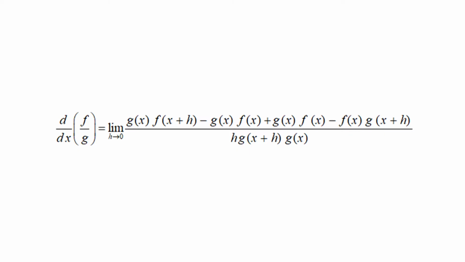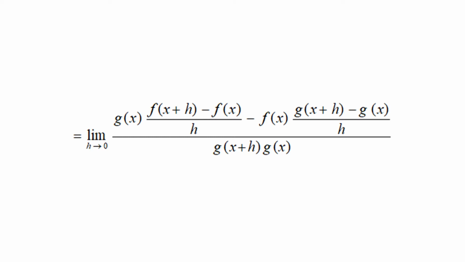Then we will get d/dx of f/g equal to the limit of [g(x) f(x+h) minus g(x) f(x) plus g(x) f(x) minus f(x) g(x+h)] upon [h g(x+h) g(x)] as h approaches 0, which is equal to the limit of [g(x) (f(x+h) minus f(x))/h minus f(x) (g(x+h) minus g(x))/h] upon [g(x+h) g(x)] as h approaches 0.